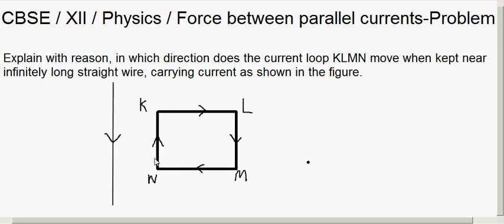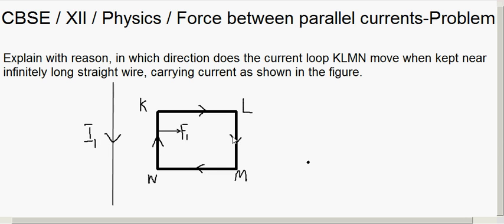You may consider this current as I1. The currents are in opposite direction, and when currents flow in opposite directions, the force between the two conductors is repulsive in nature. So this force will be acting like this. I can say that F1.